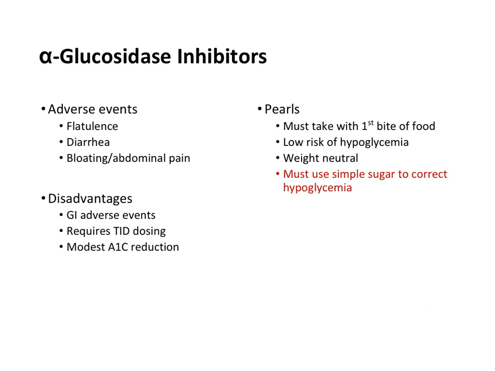They work alongside an actual meal that is on board, and therefore they have to be dosed with each meal. They don't really cause hypoglycemia, but if the patient is hypoglycemic and taking this medication, they can't use a complex carb to increase their blood sugar. They have to use simple sugar.